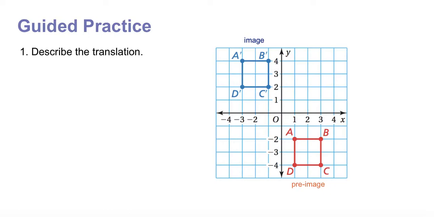So let's describe how it was changed. So here is my original. I'm going to pick point A, but you can choose any point that you would like. And I'm going to describe how it moved from here to here. So first I'm going to count 1, 2, 3, 4. My figure moved 4 to the left.